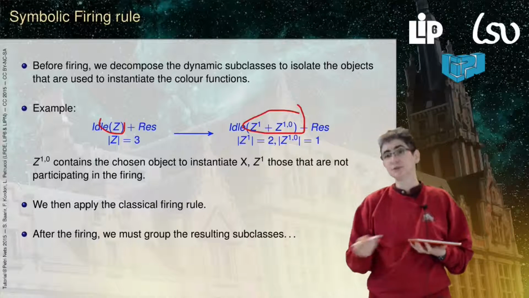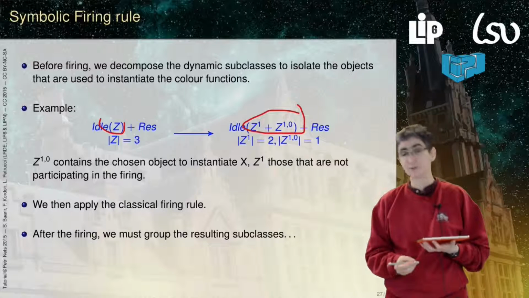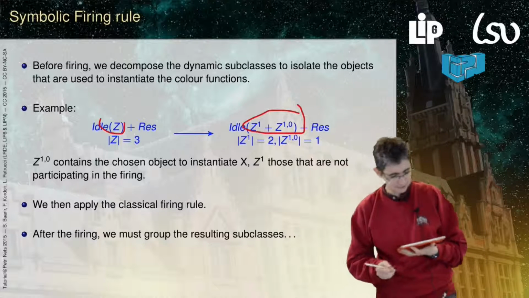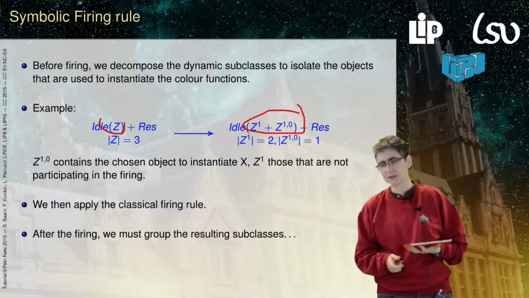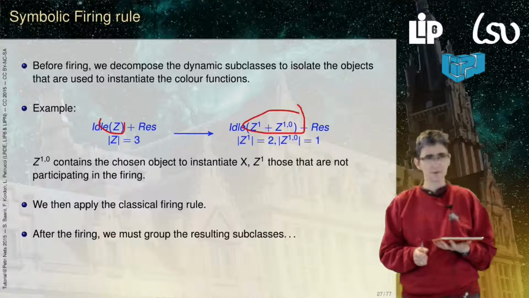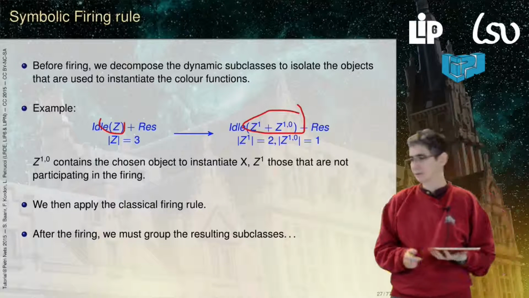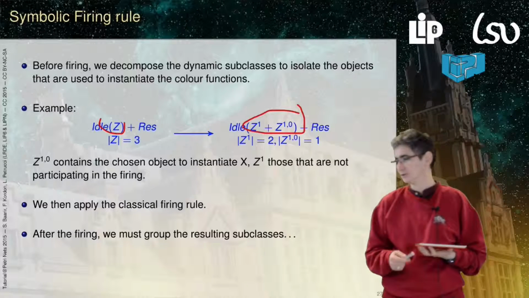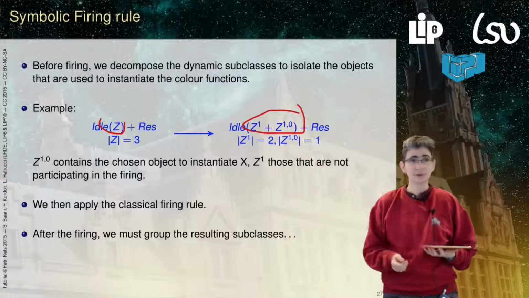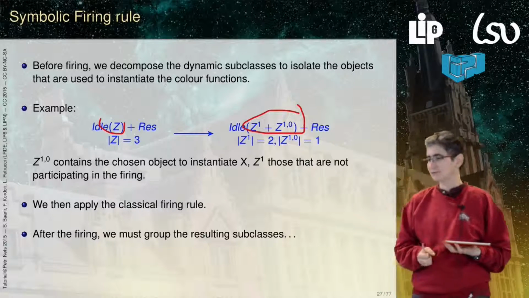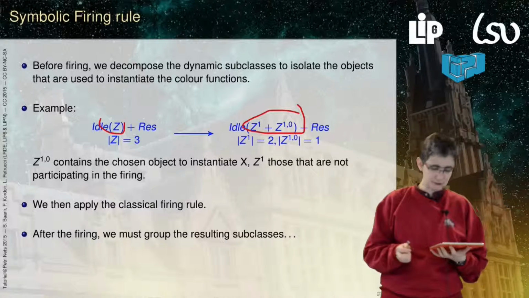In this case, we use only one for the firing, the one that is in Z10. So Z10 will contain the chosen object in order to instantiate the variable x, and Z1 will contain those that are not used for the firing. Then the classical firing rule is applied, and after the firing, we group the resulting subclasses.